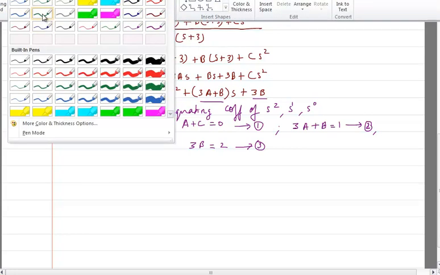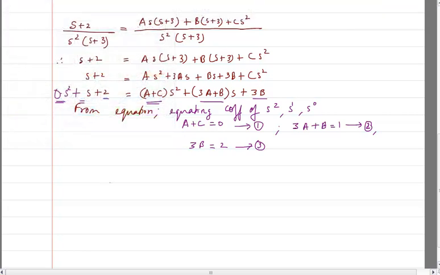So how do I solve this? So I will write here from 3 I can directly say b is equal to 2 by 3. Okay, now if b is equal to 2 by 3, from 2 I can say 3a plus b is equal to 1, but b I just now found out is 2 by 3.